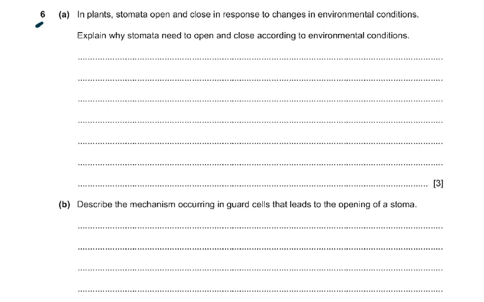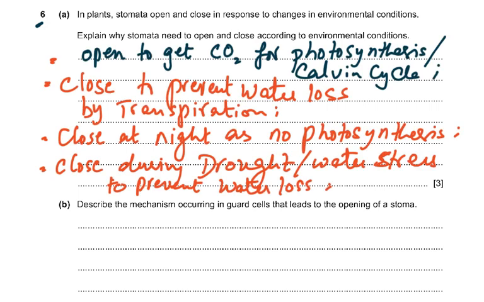So they respond to that, abscisic acid is produced and the stomata close. So basically open to get carbon dioxide for photosynthesis, or you can say for the Calvin cycle, close to prevent water loss by transpiration, close at night as it is dark so there's no photosynthesis, close during drought or water stress to prevent water loss, or high light intensity or high temperature or high wind speed, any of those points.